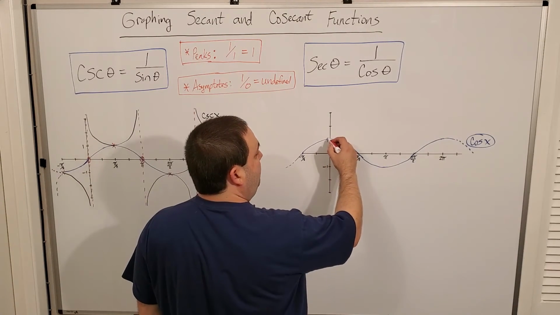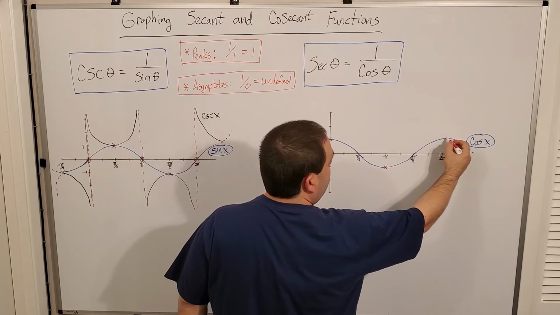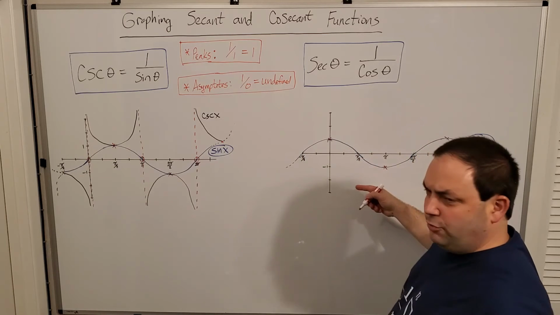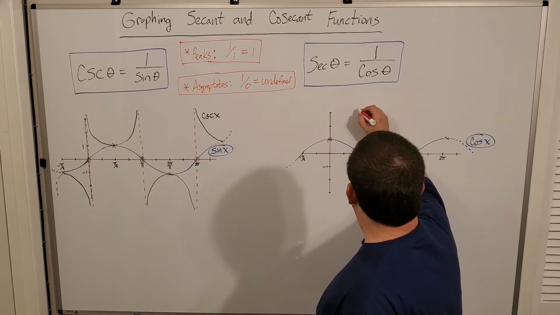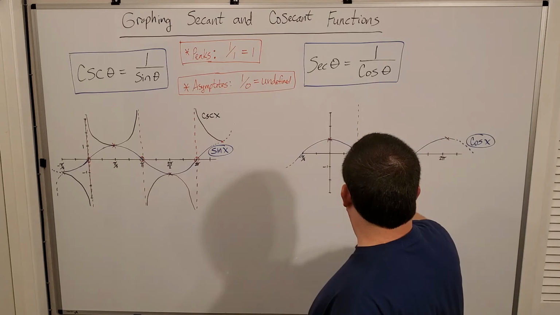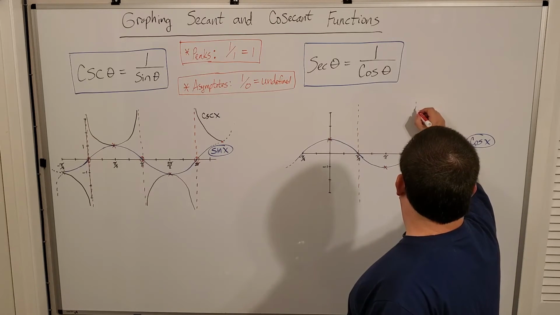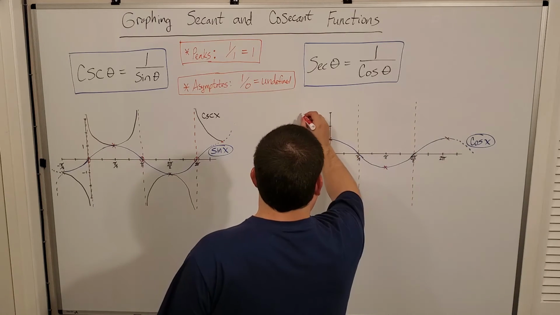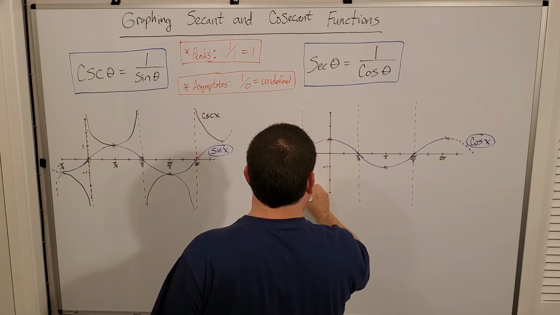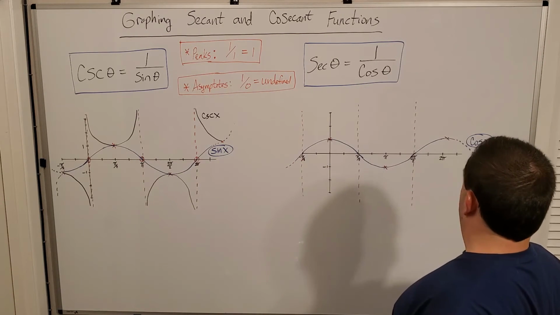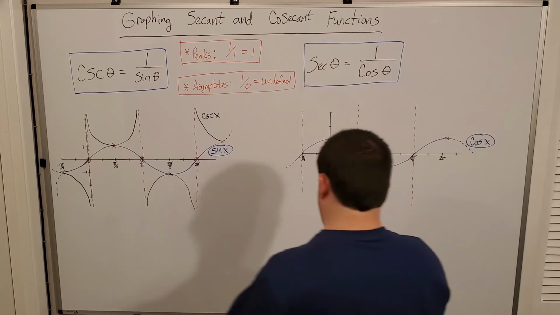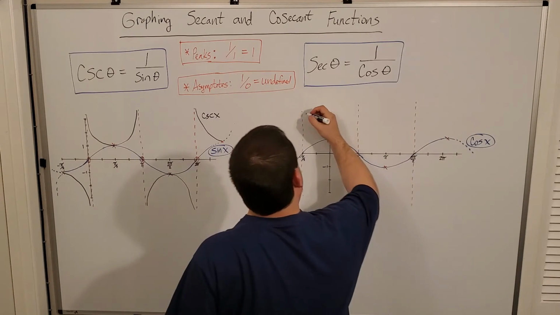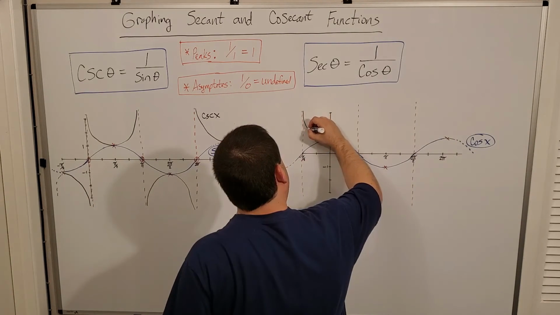They're going to share the peaks, and there are going to be vertical asymptotes anywhere it goes through the center line. So then my secant function is going to hug the walls and kiss the peaks.